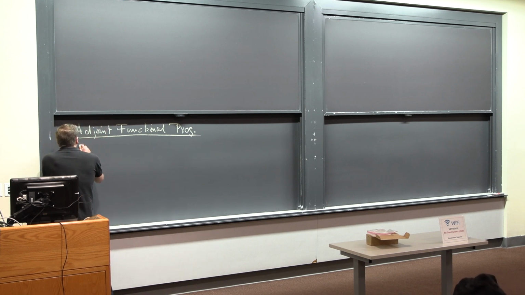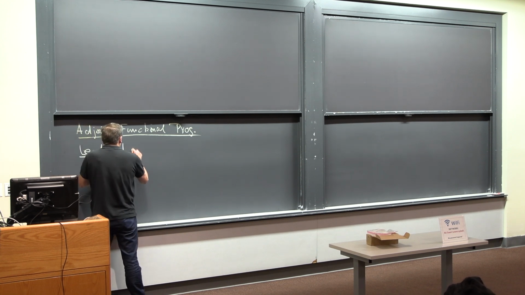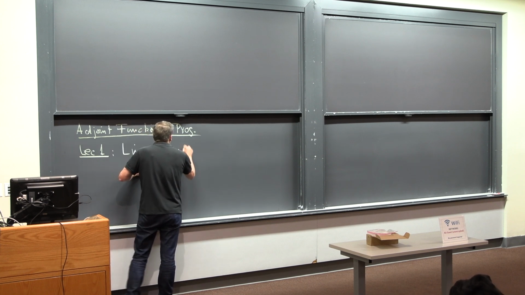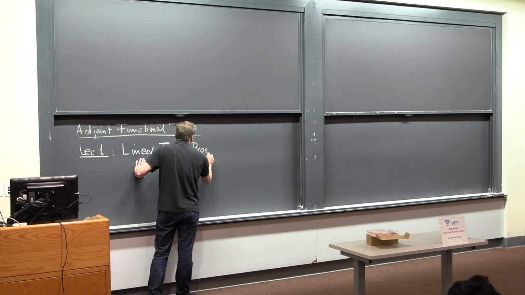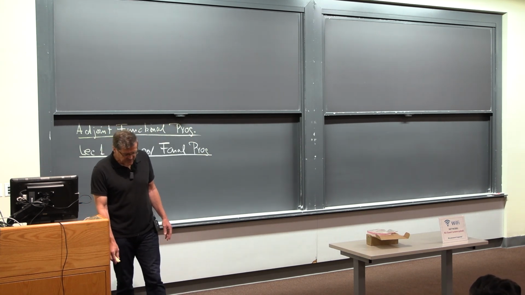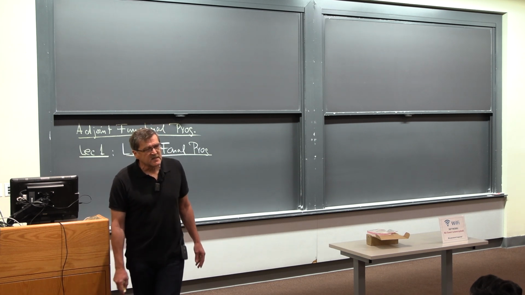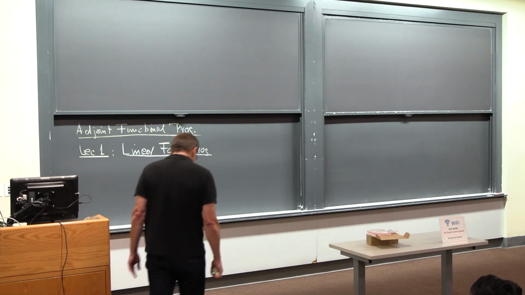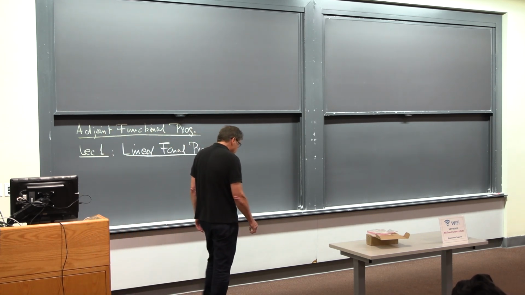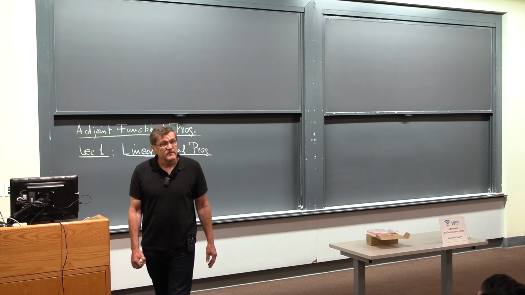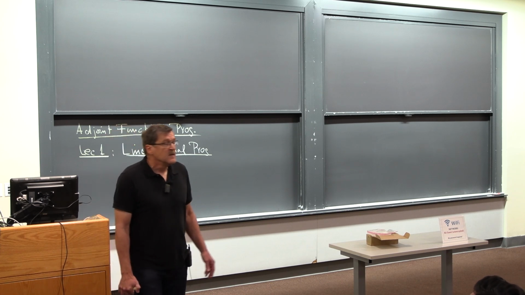So lecture 1, okay, is going to be linear functional programming. So there has been a lot of interest recently in looking at this concept of linearity. You might have heard of it, okay? Its origins are in something called linear logic, which stems back to 1987, according to some people even before.